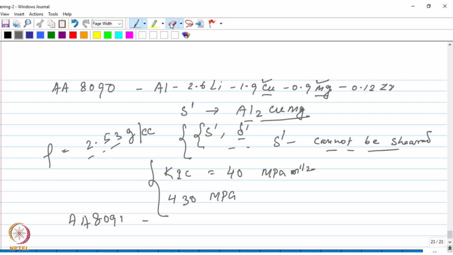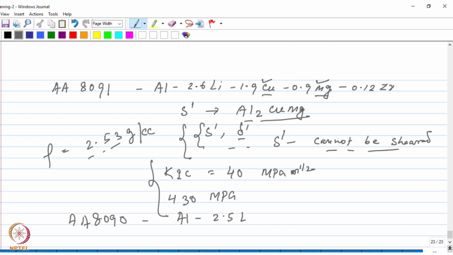In terms of the composition, 8091 is having a little less copper.